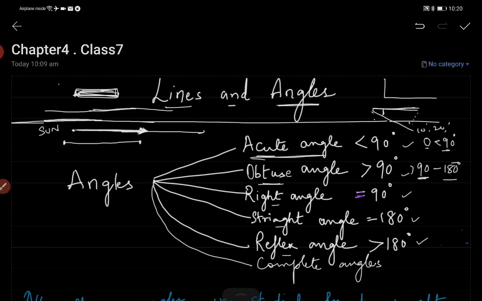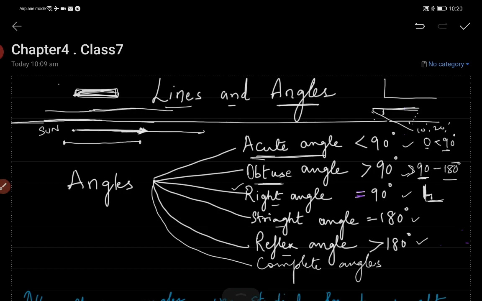And the angle which is exactly 90 degrees is called a right angle.